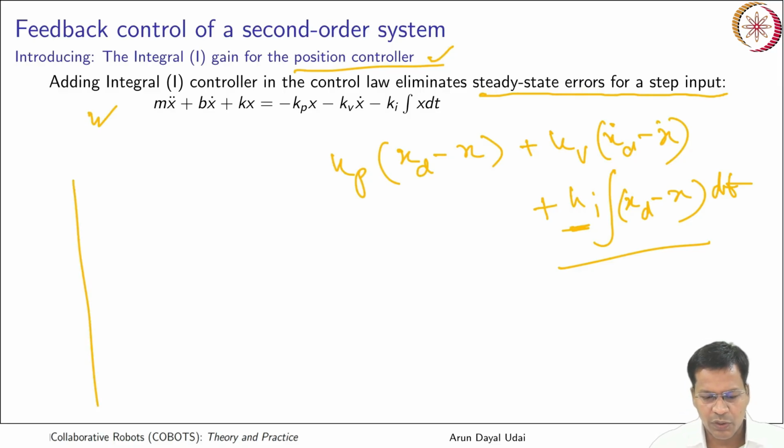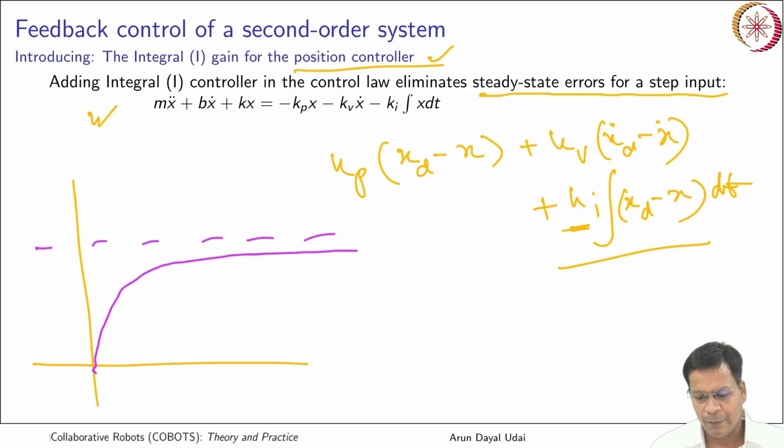So if the system sees a behavior like this, where you have desired to take it to this but your system follows a pattern like this, and it sees the same gap over a period of time, it keeps on adding that error over that period and multiplies that with Ki.